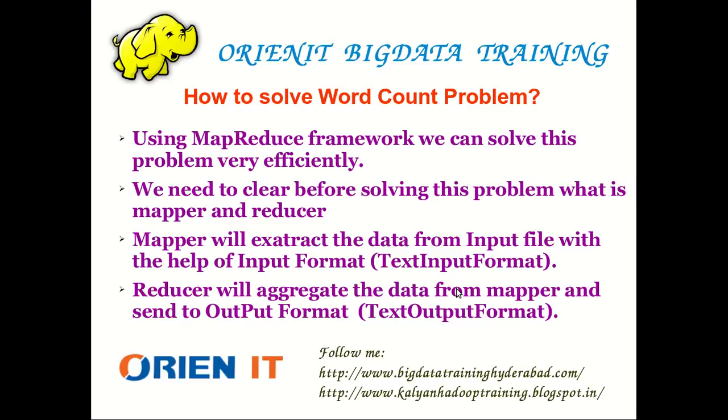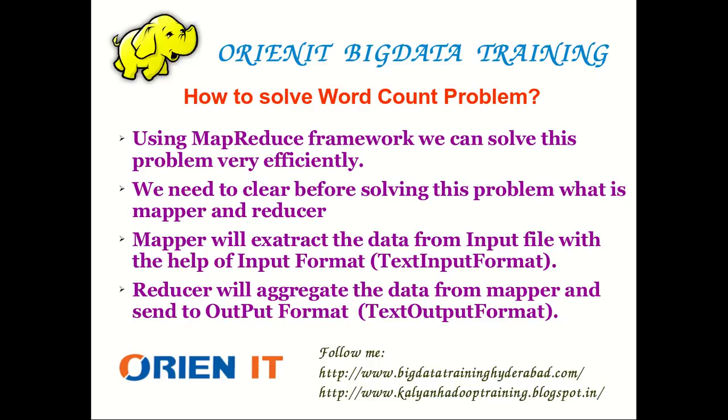How to solve this problem using MapReduce. Using MapReduce we can solve this problem very easily and very efficiently. Why? Because MapReduce is a functional programming model that does distributed parallel processing. That means even when you have a large amount of data, it won't take much time.